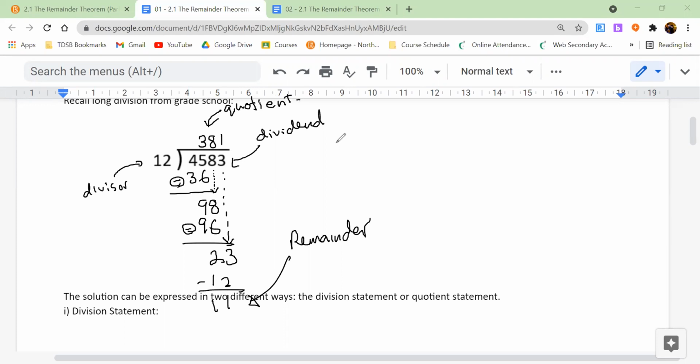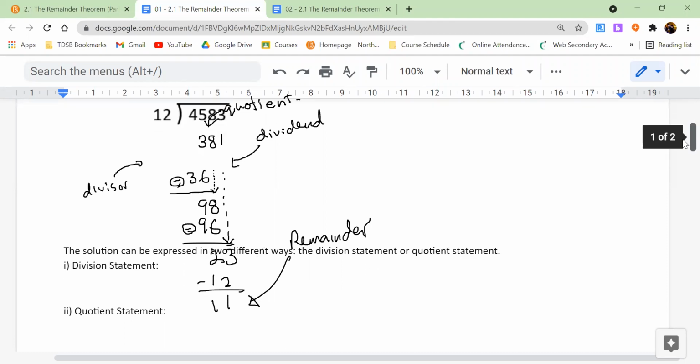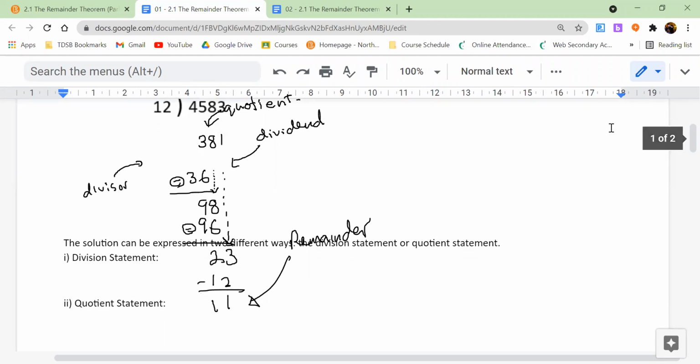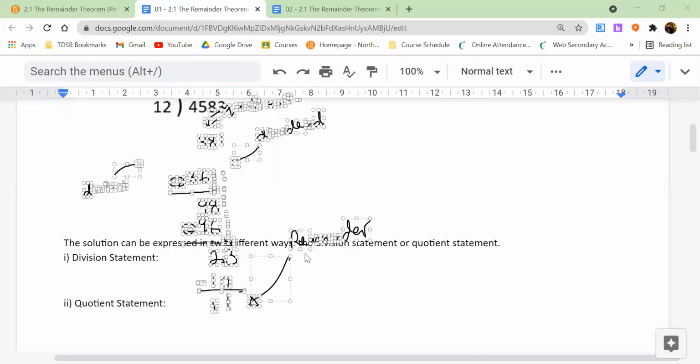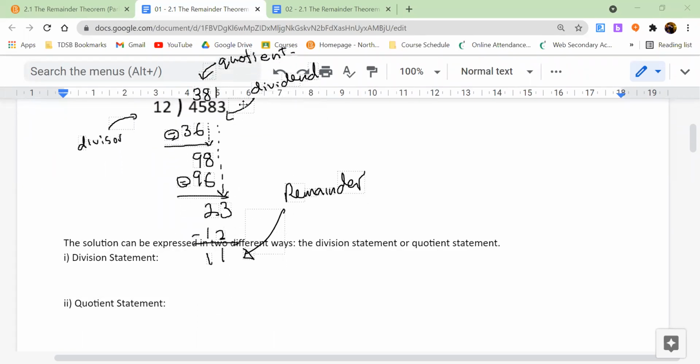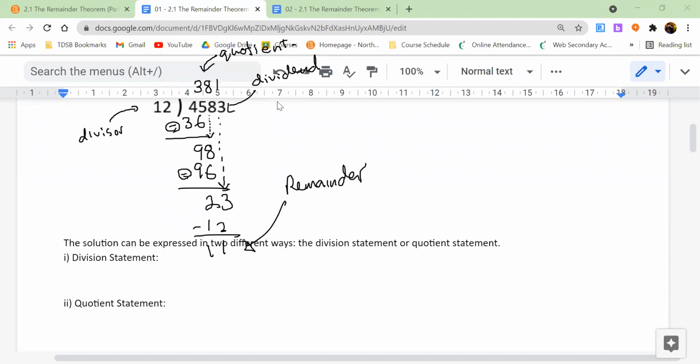Okay, so these are 4 words that I'm going to be using and throwing around. Another thing you have to be aware of, this is some new vocabulary. I'm going to introduce what we call a division and a quotient statement. So let me move these words up top. Okay, it's going to look like this.